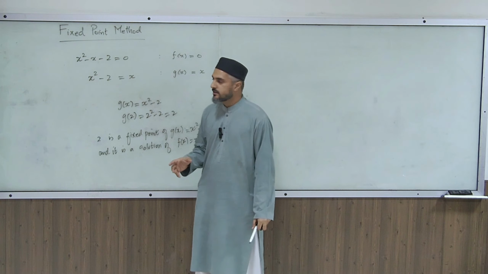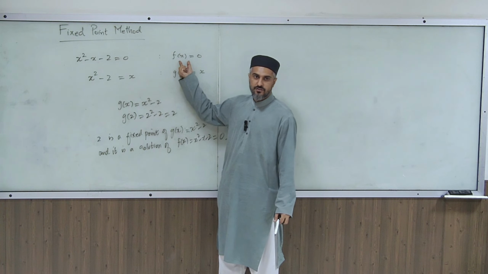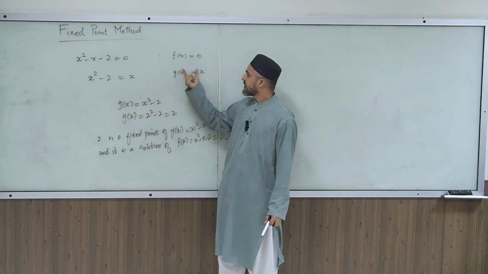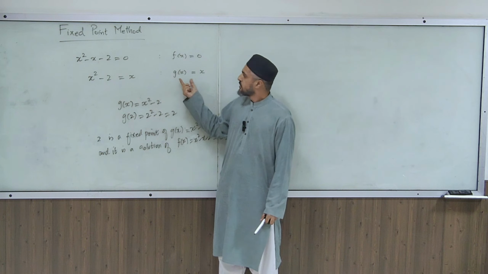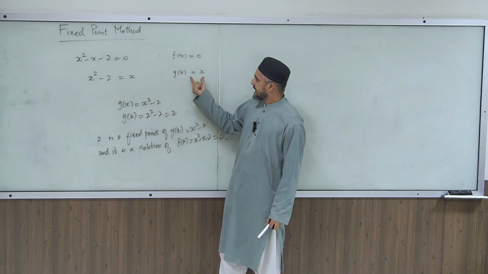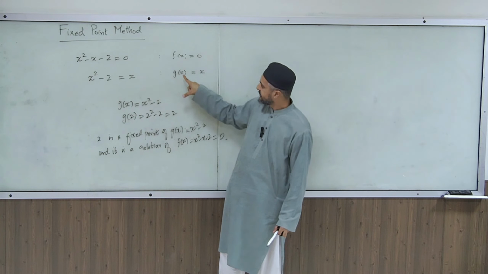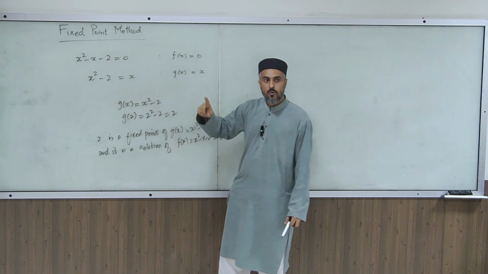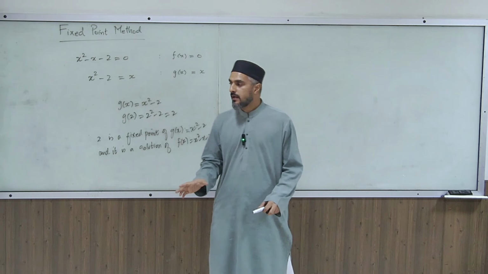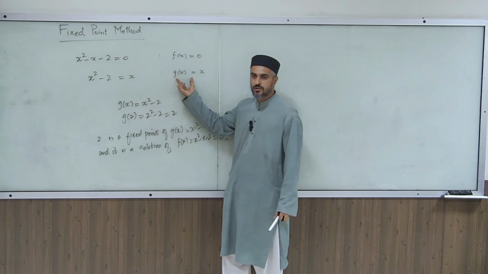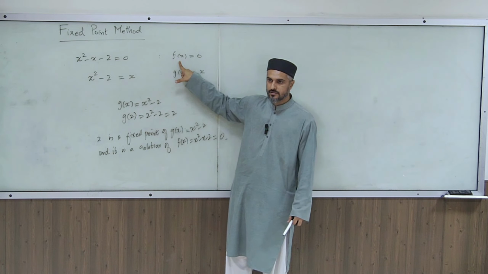How are they connected? From the representation f of x equals 0, I have a representation of g of x equals x. If this representation is made from this equation, then the fixed point of g will be a solution of equation f. I have derived this g of x specifically from f of x equals 0.